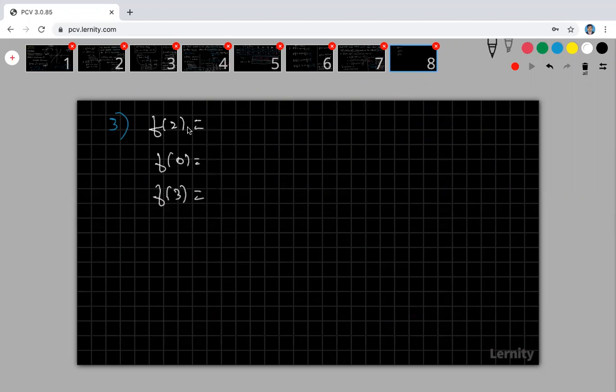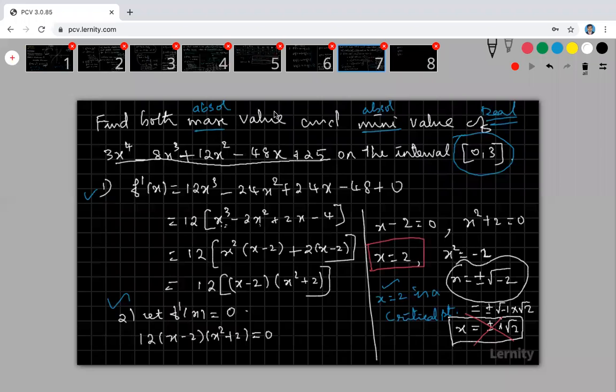Tell me the values of f of 2, f of 0, f of 3. Among these three values, which is maximum, that is the absolute maximum value. Which is minimum, that is the absolute minimum value. That's all. Tell me the three values.